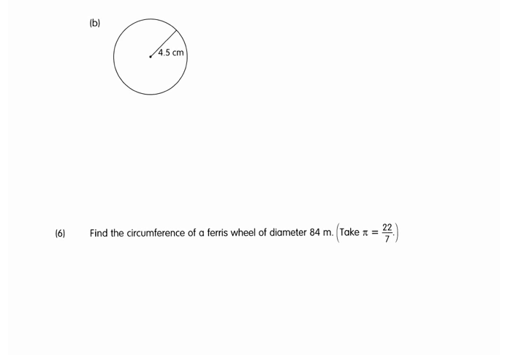So the formula you use is 2 times pi times radius. But in this case, what's your pi, Jingjie? Calculator pi, you know, right? It's calculator pi. Times 4.5. So, Jingjie, tell me what's the answer?